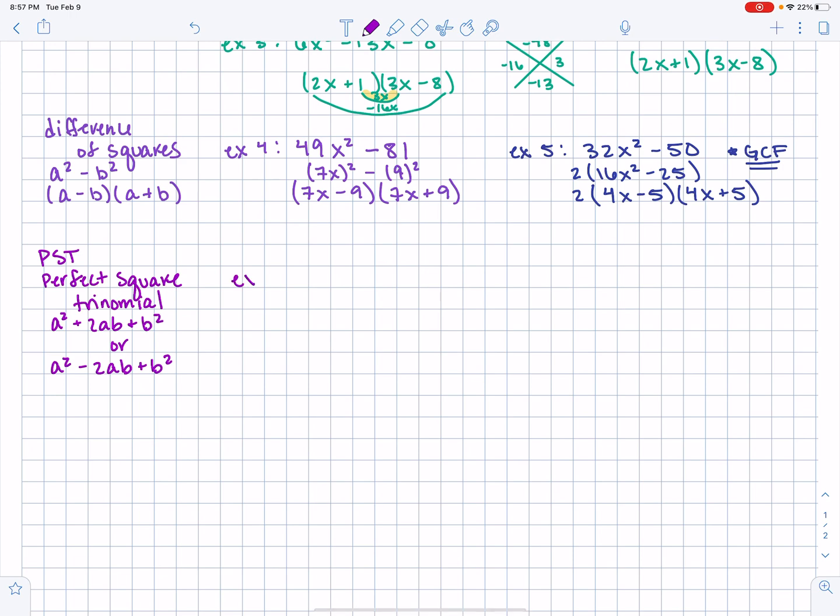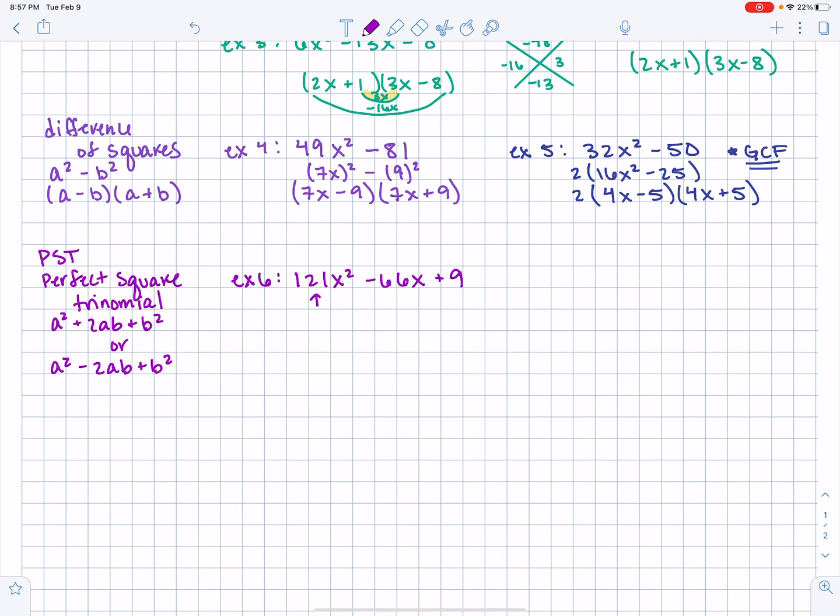So example 6 here would be something like 121x squared minus 66x plus 9. So this is a trinomial, and we definitely don't want to set up a diamond because 121 times 9 is a big number. We don't want to worry about that.